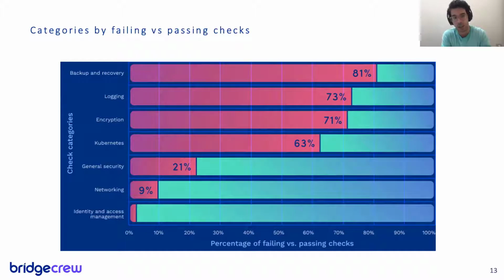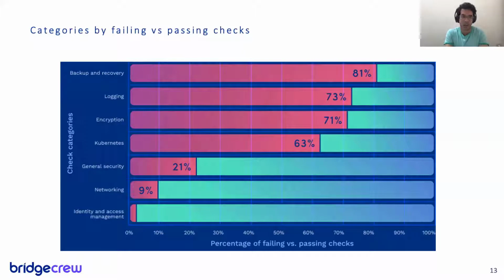Encryption is not turned on by default, and usually it doesn't cost that much. KMS costs literally nothing, and it already does most of the key rotations, and it does most of the work for you. So there is no reason not to turn it on by default. Kubernetes has a lot of knobs and switches, so I can understand why it's misconfigured.